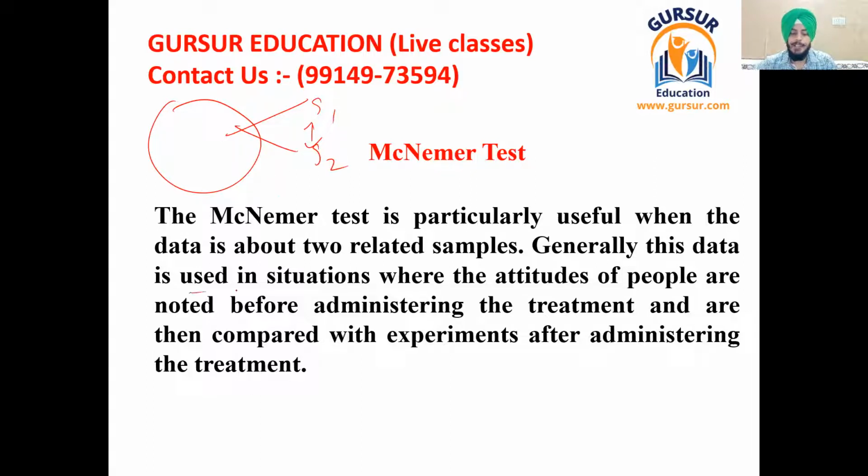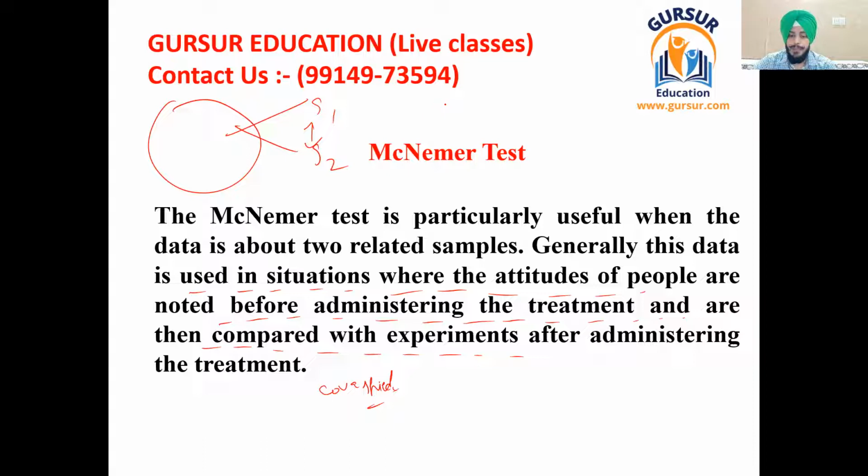Generally this is used in situations where attitudes of people are noted before administering a treatment and then compared afterwards. For example, Covishield: you know that nowadays you have to get yourself vaccinated.